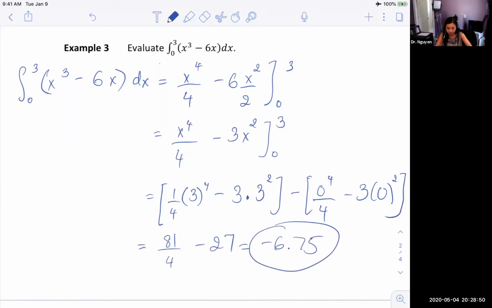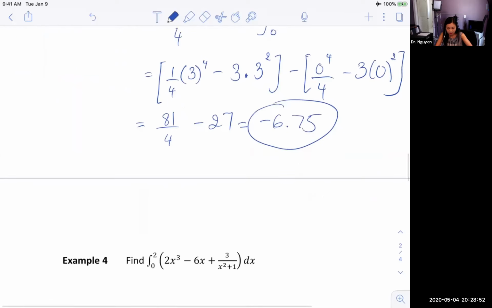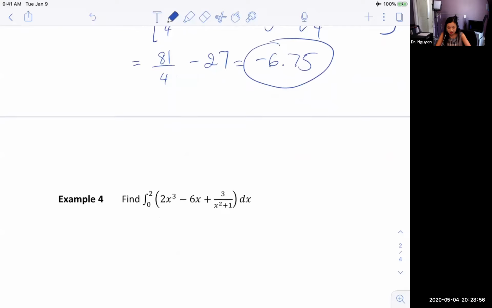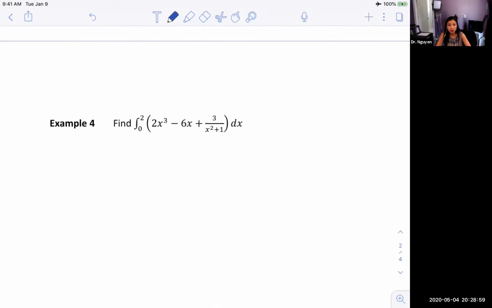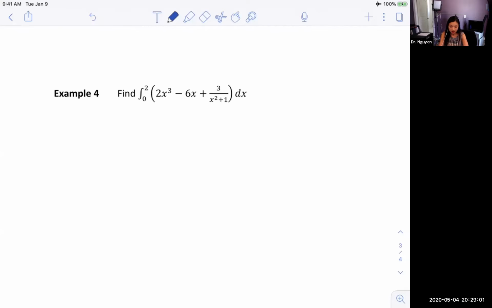Okay, so that's how we evaluate. You see this problem right here, the first two terms, quite easy, right? The next one, you have 3 over x squared plus 1.